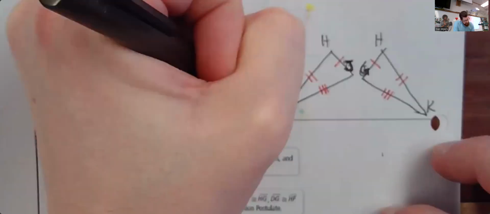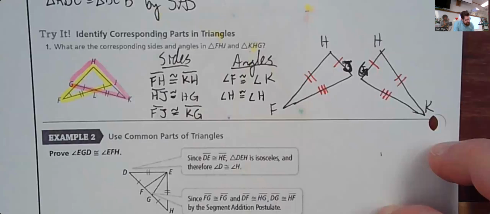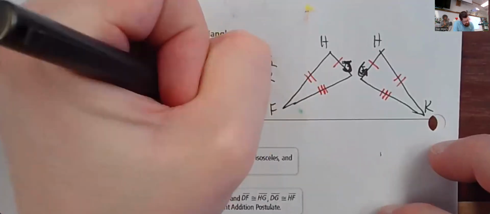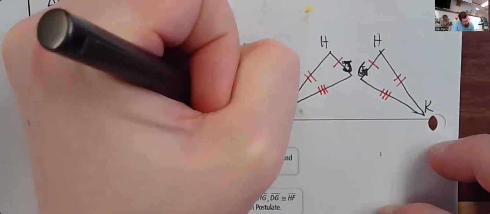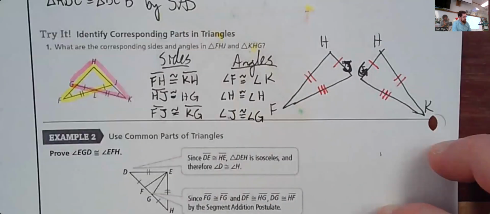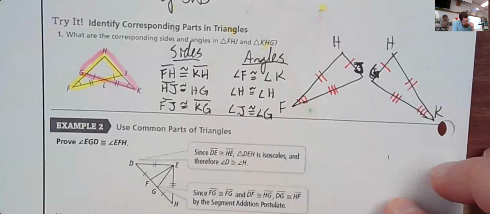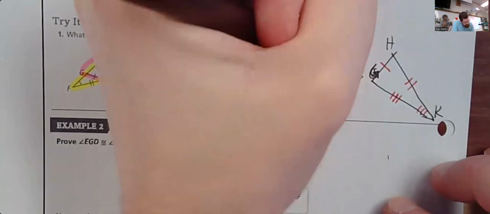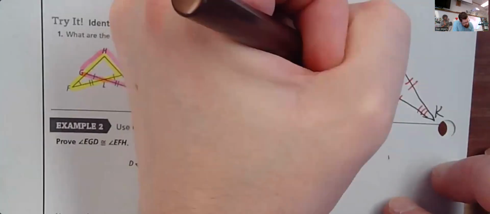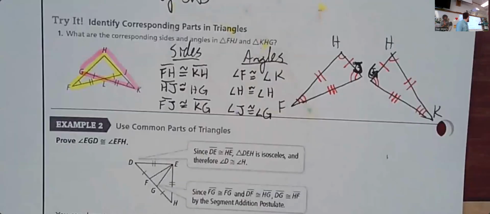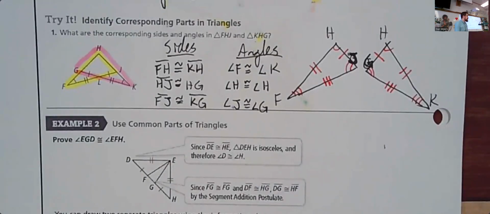Angle H, good. And then angle J congruent to angle G, good. So I'm just going to do 3 there, 3 here. We'll do 1 here, and then 2 there, and 2 there. So there we go. All the parts of both triangles shown to be congruent.